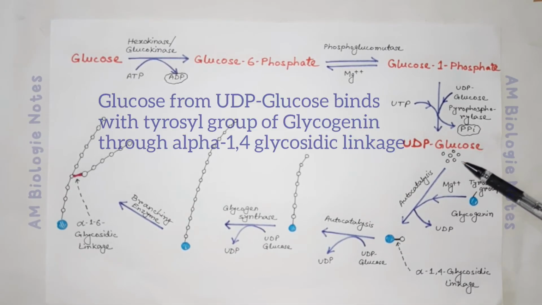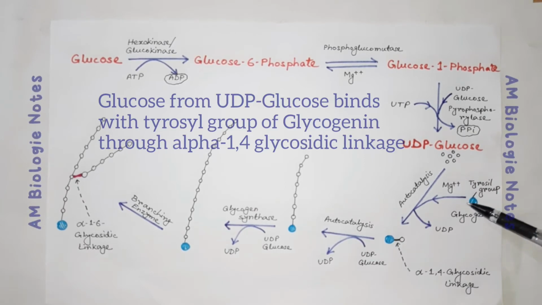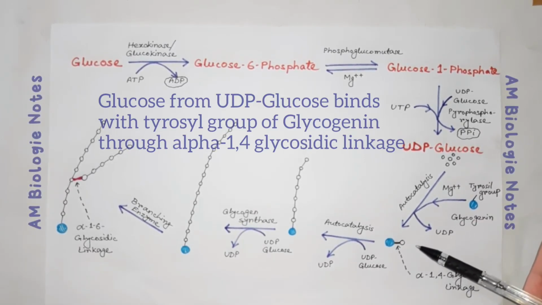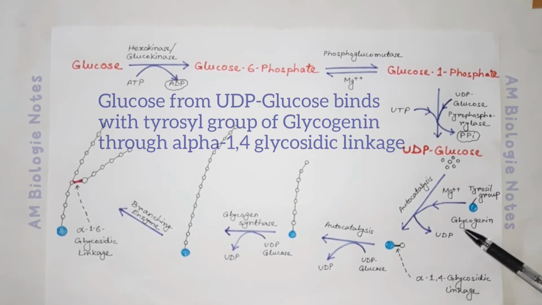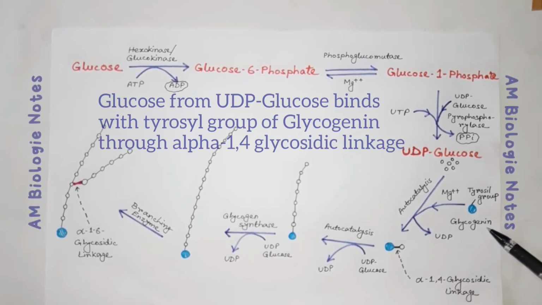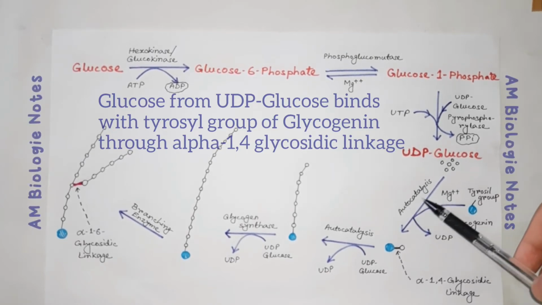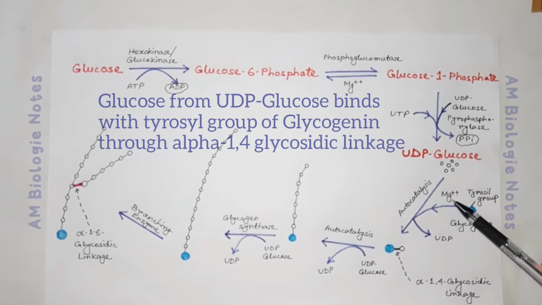Now, in muscle and liver, the initial formation of glycogen from UDP glucose is achieved by the glycogenin enzyme. This is an autocatalysis reaction that requires magnesium ion.